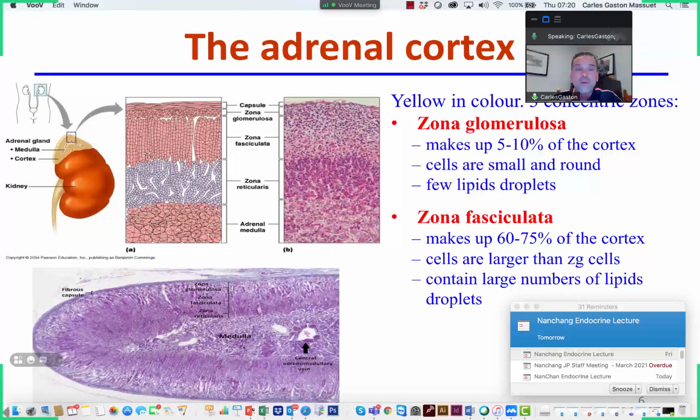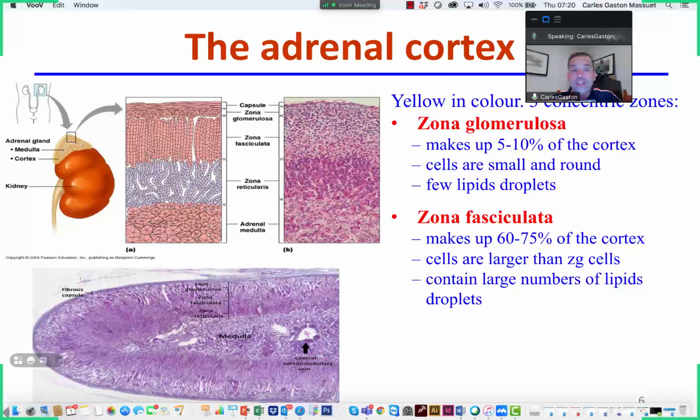So the zona glomerulosa makes up 5 to 10% of the cortex. Cells are small and round, as you can see here on the top, and have lipid droplets, but very few. The zona fasciculata on the other side makes up 60 to 75% of the entire cortex.